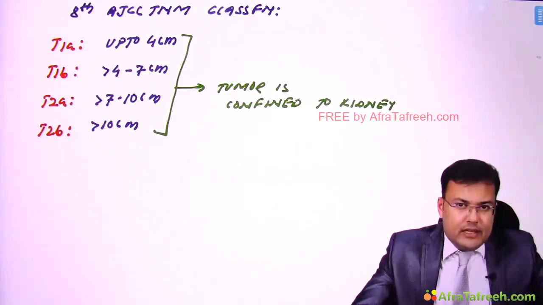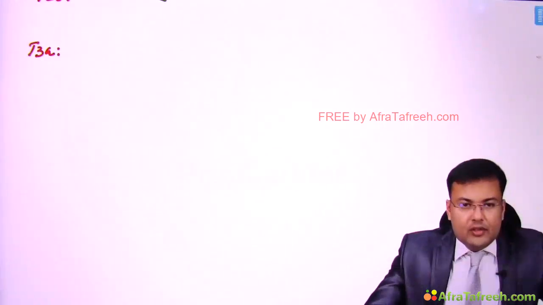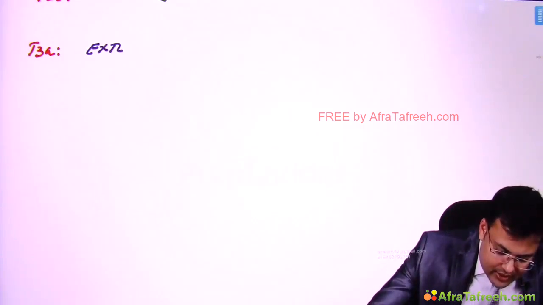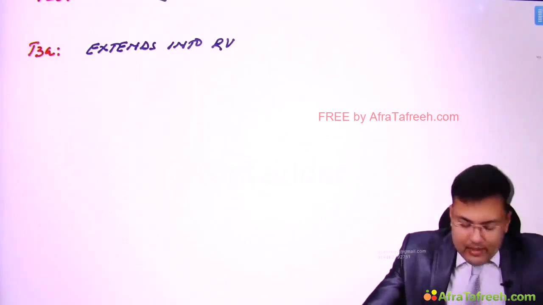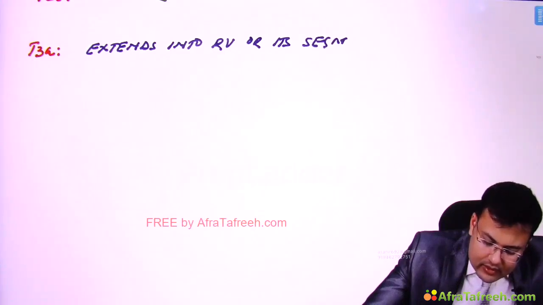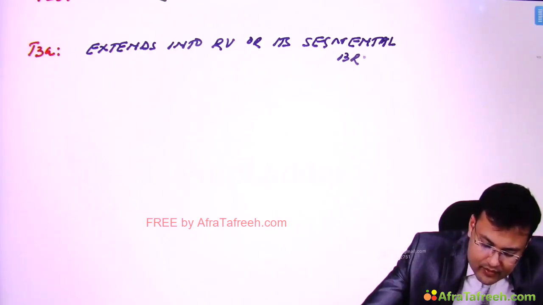T3 is further divided into T3A, T3B, T3C. See, what's T3A? So in T3A, the tumor grossly extends into renal vein or its segmental branches. Clear?